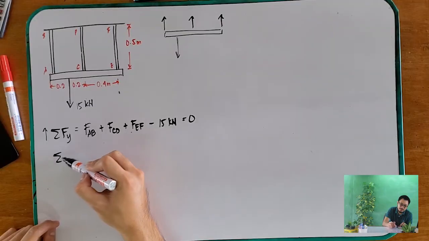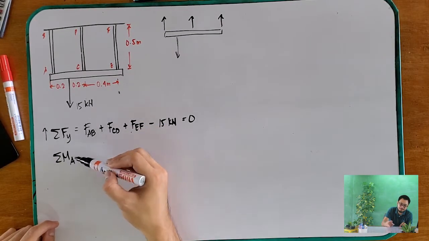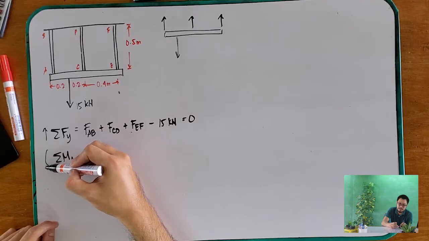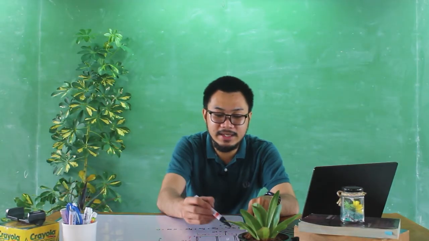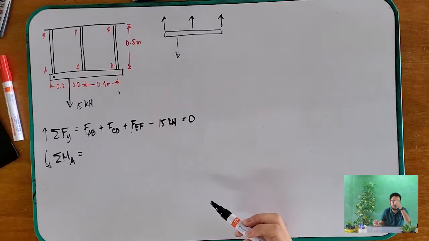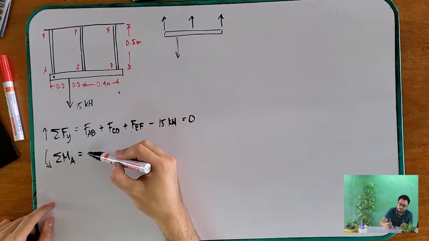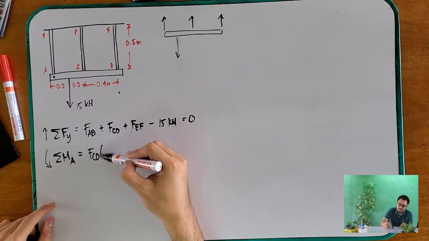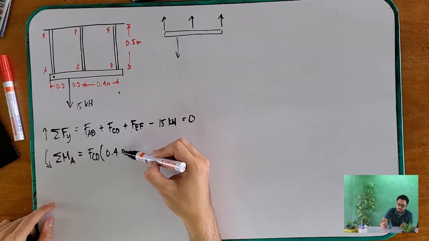Can we use summation of moments? Yes, of course, we can use summation of moments here. Summation of moments at point A, and assuming that this direction is positive. So what do we have? First, CD: F CD times a moment arm of 0.4 meters.